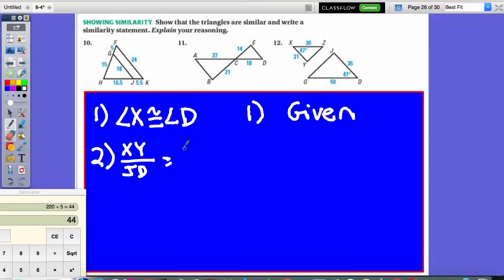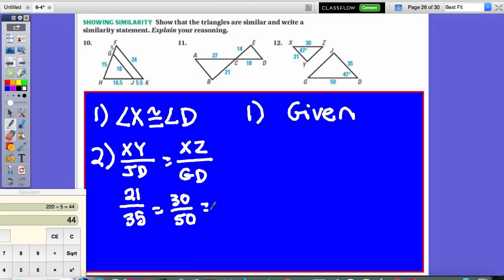That needs to correspond to XZ, the longer labeled side in the smaller triangle, which would correspond to GD, the longer labeled side in the larger triangle. So 21 over 35 would have to be equal to 30 over 50.